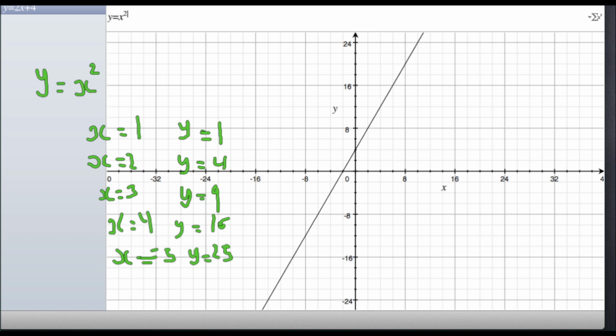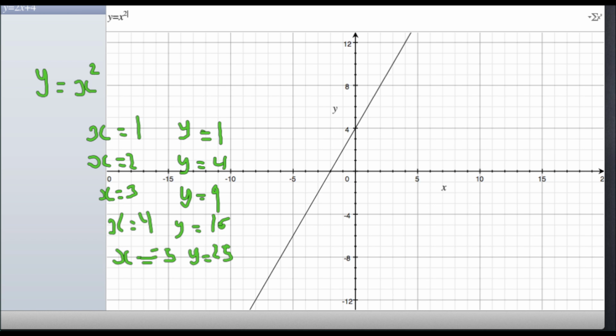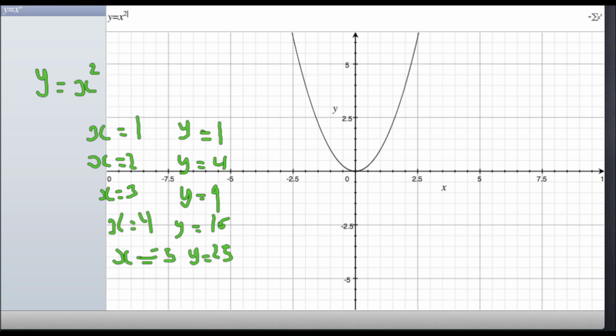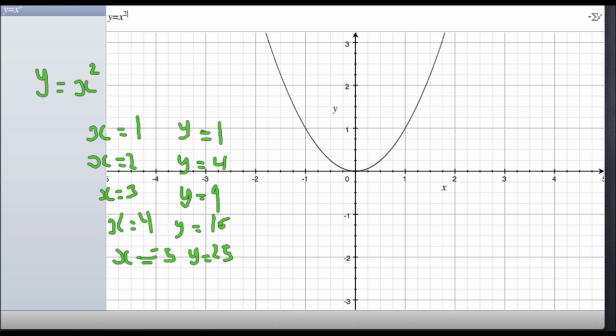I'll press return and we'll see if it's right. And it is right. If we look at x equals 1, y equals 1, there's a coordinate there. Let's zoom out a bit.